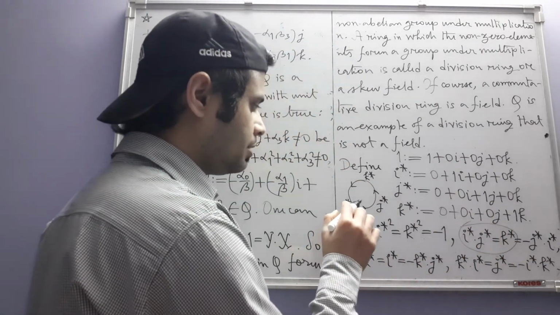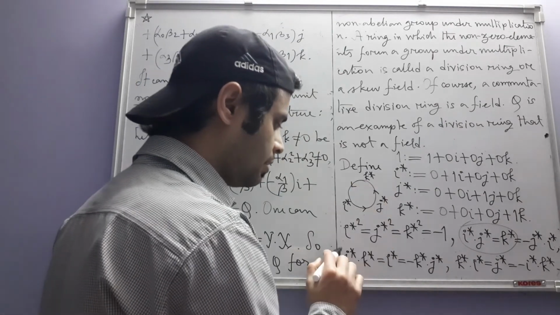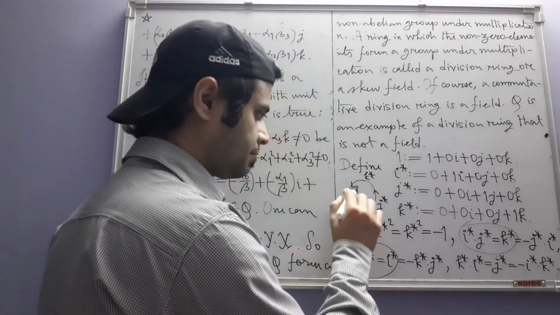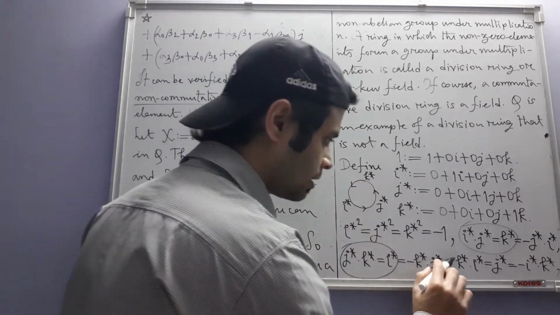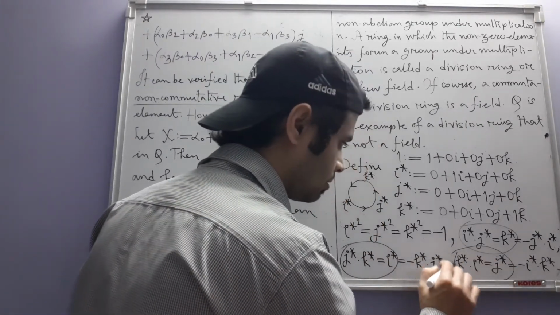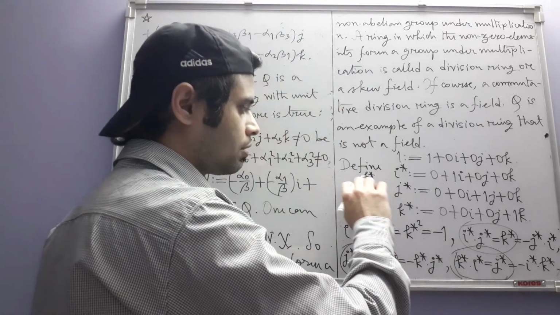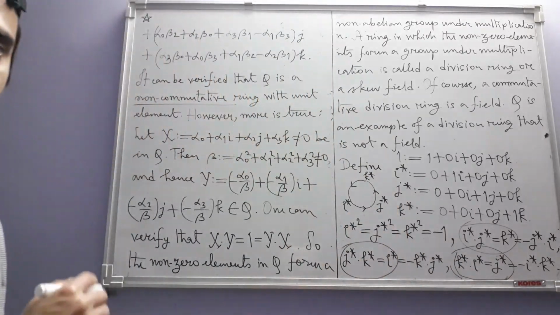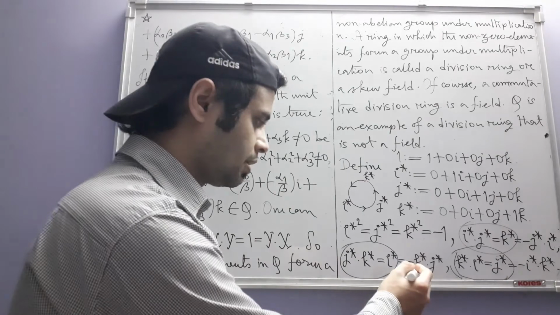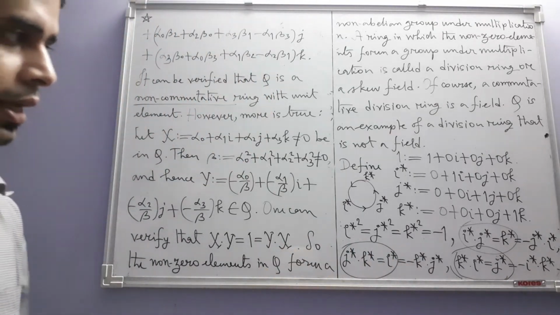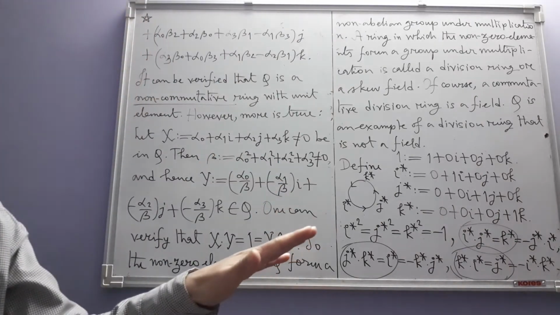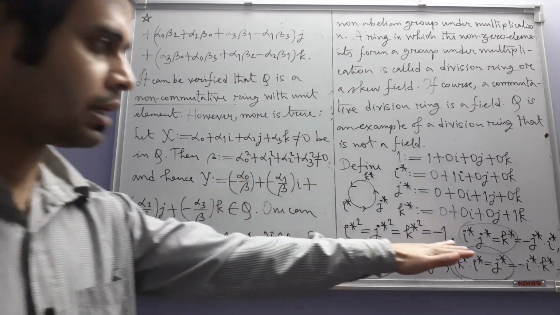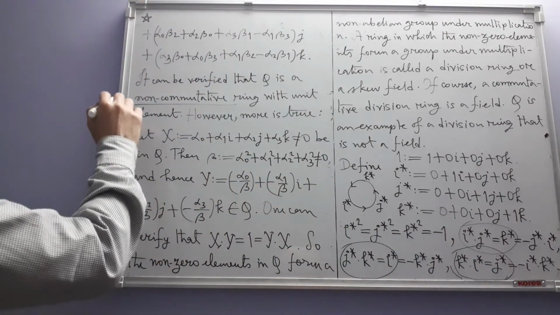If you multiply j star and k star, you get i star. Like that, multiplying k star and i star gives you j star. If you come in the opposite direction, moving clockwise, then you have the negatives of this. That's why i star j star and j star i star are not the same, and from there you can conclude that this ring is non-commutative.